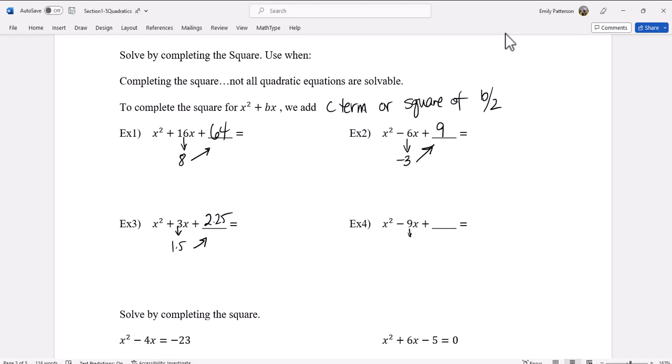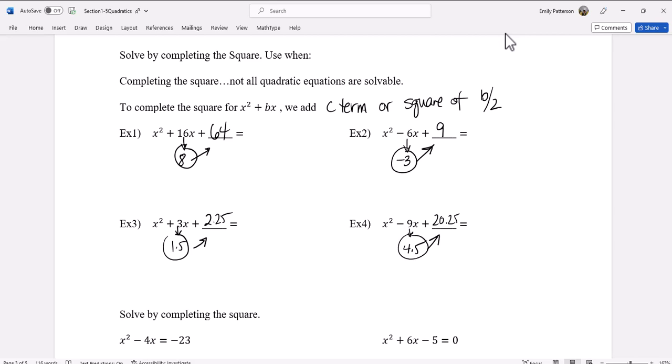Take half of the middle term and square it to get 20.25. So each time that's what we have. And to build the binomial, this is the item that goes in the binomial twice.